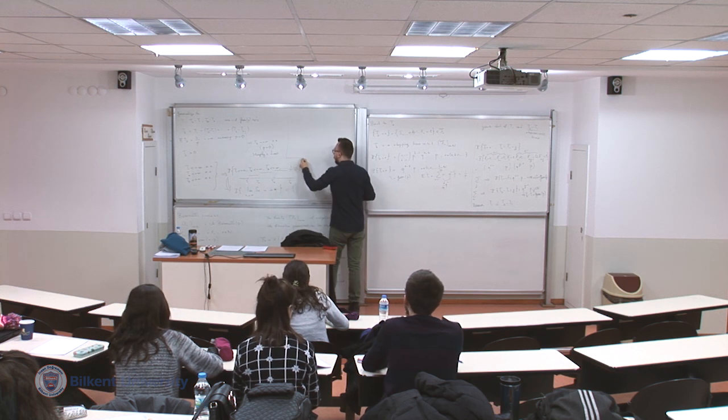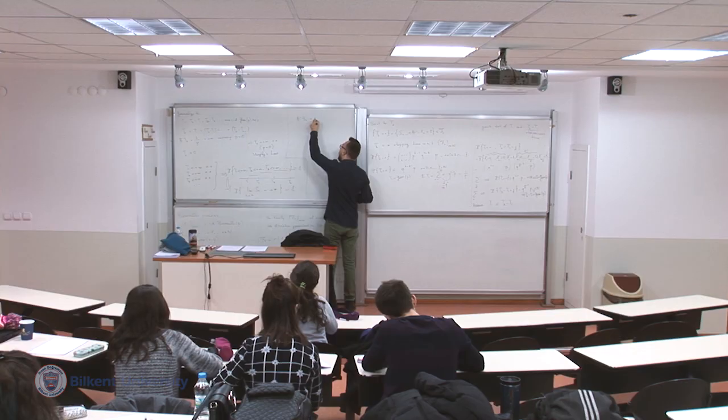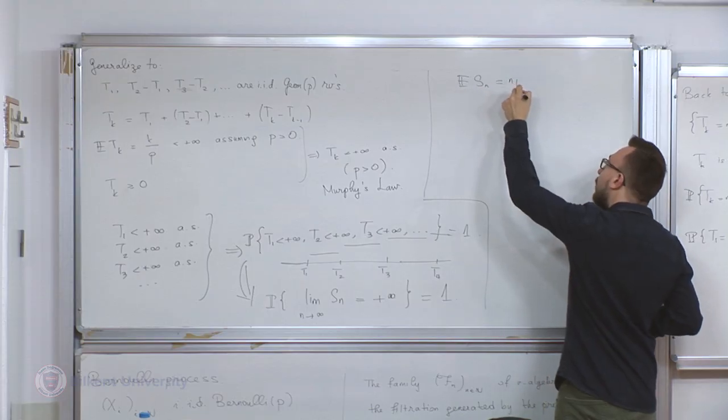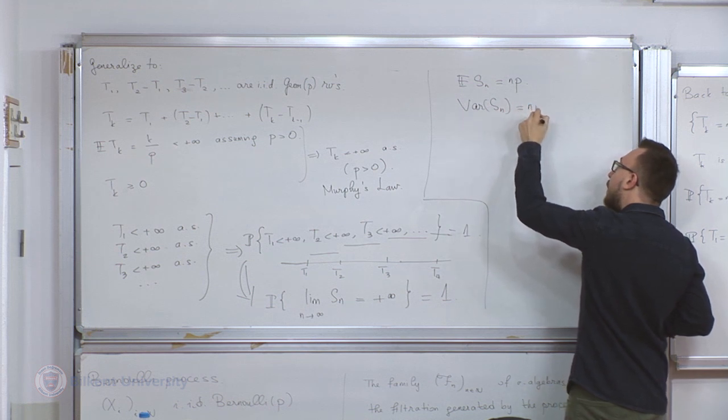Although this success process explodes, we know that its expected value is np, and its variance is npq.